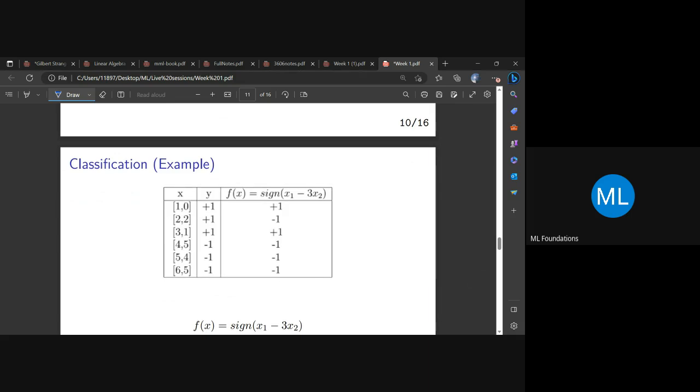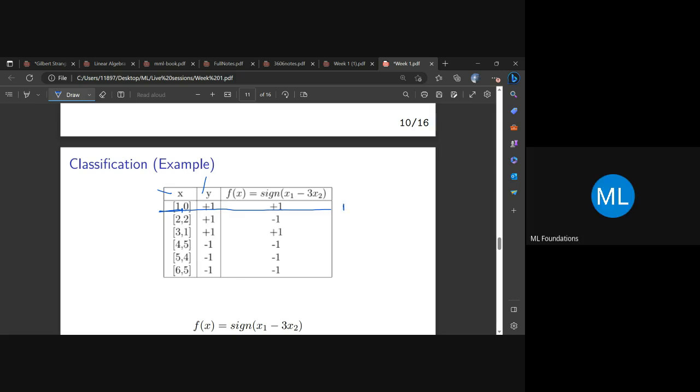If you look at one example here, you have a data set x and the labels are y, and f(x) is defined as sign of x1 minus 3x2. In the first data point, what is your x1? One.